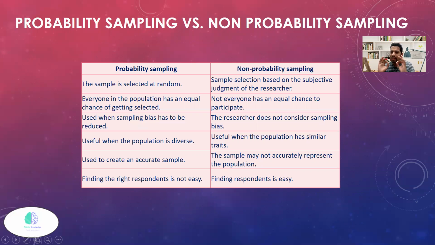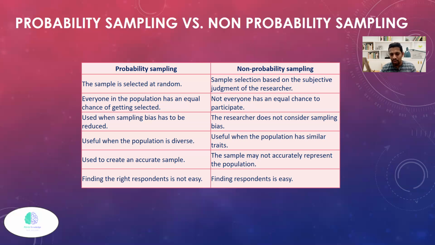One of the critical topics in MSA, measurement system analysis, is sampling bias, so probability sampling reduces the margin of error from sampling bias. Non-probability sampling doesn't consider this, so there is a huge chance of sampling bias. It is useful when the population is diverse, whereas non-probability is useful when the population has similar traits and attributes. Probability sampling is used to create an accurate sample; with non-probability, accuracy cannot be guaranteed, so it may be good or may not be qualified.